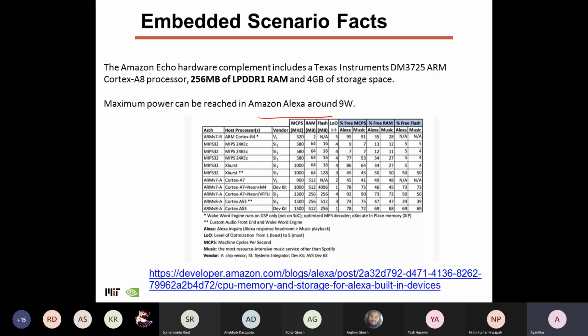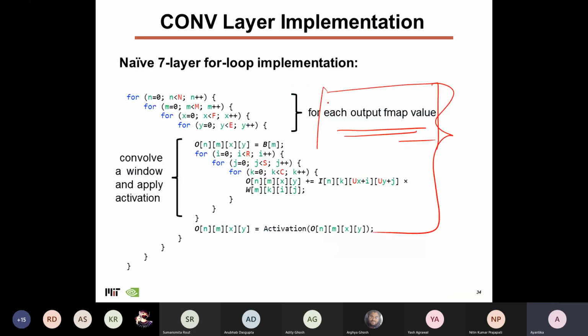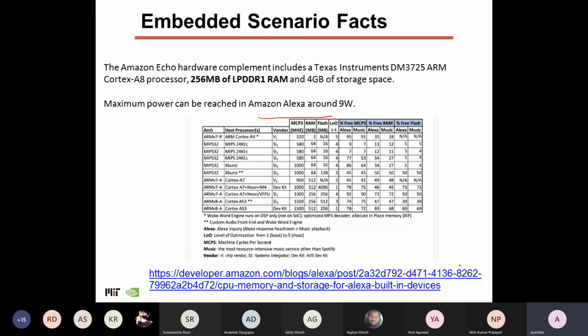But to do that, Alexa needs huge computations of this type, and it only has the support of such low RAM and other constrained processing features. Also the support of low power, maximum power it can reach is up to 9 watt.